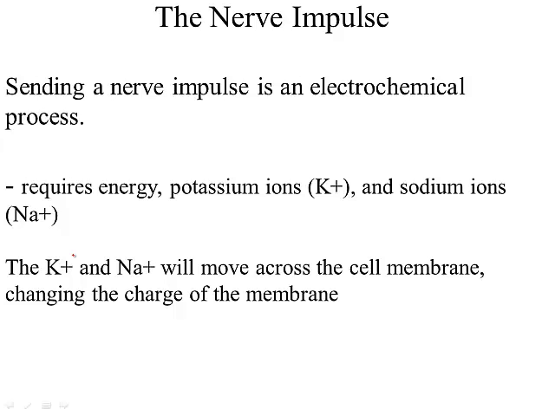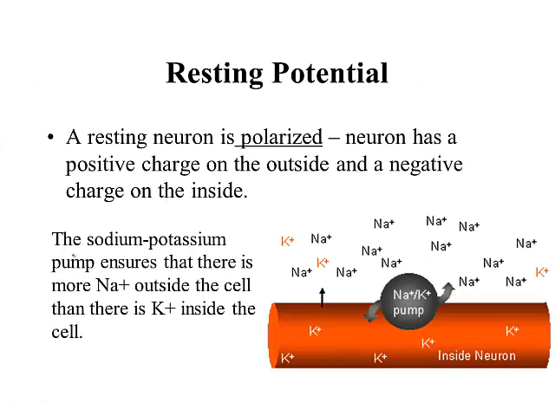Okay. So in a nerve impulse, anytime that we are starting our process, a cell starts at resting. The resting potential of a neuron is when that neuron is what we call polarized. A polarized neuron has positive charges on the outside and negative charges on the inside. So there's a lot more positive ions outside than there are inside.